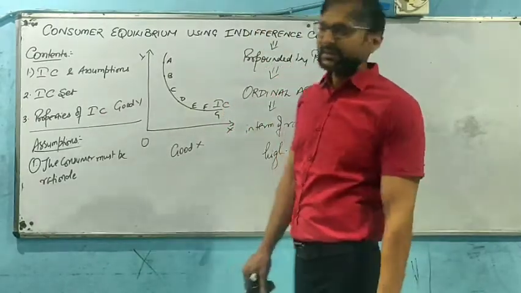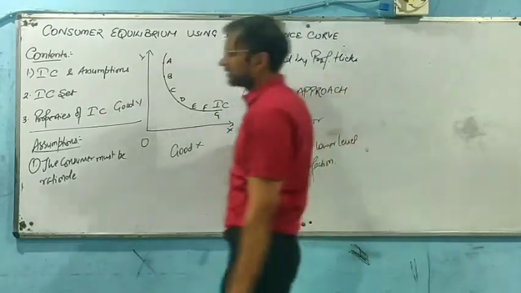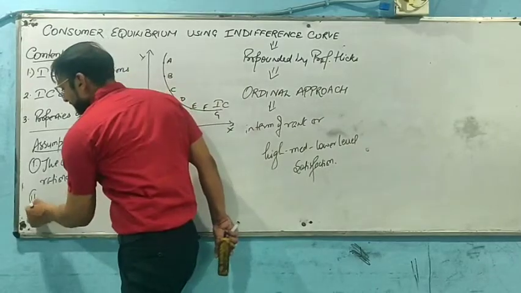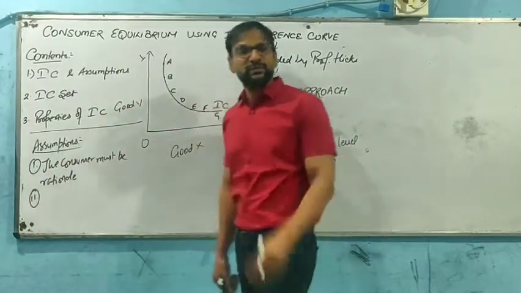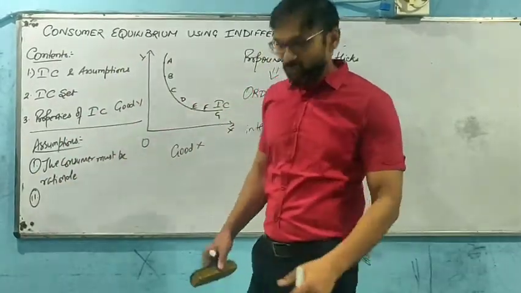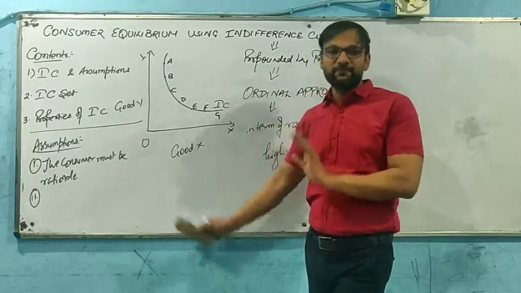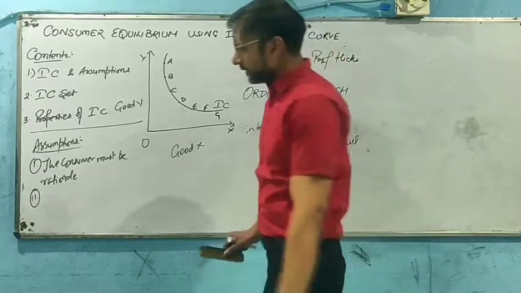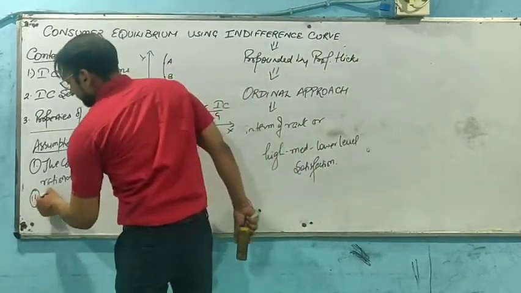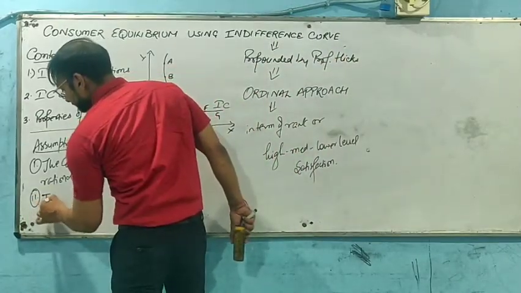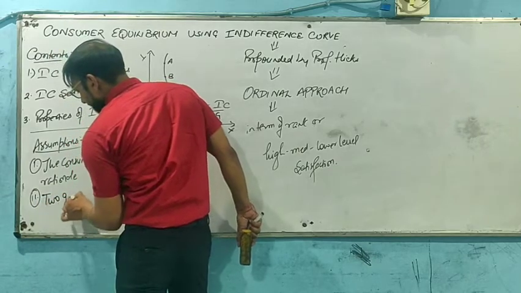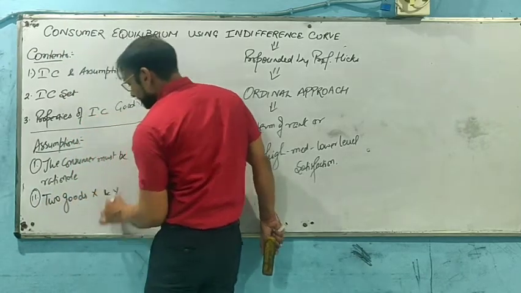So the first assumption is that the consumer must be rational. He must be very rational in selecting and consuming the two goods. He must not go entirely for one good and leave the units of the other good behind. Now, there must be two goods all the time. We have taken X and Y.